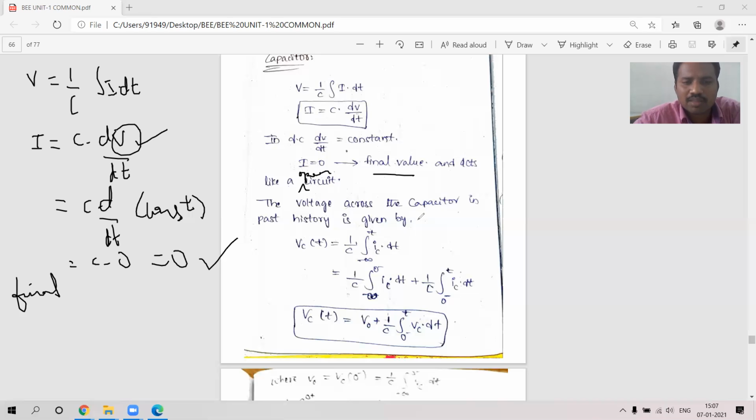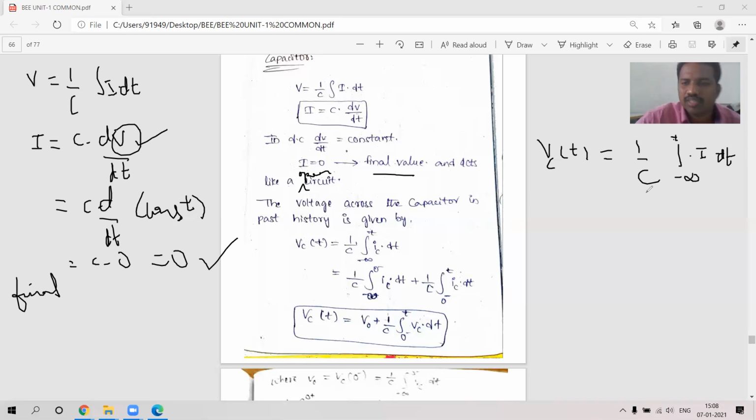Now we will see the past history considered. When you consider the past history, that is Vc of t, the capacitor voltage with respect to time, what is the formula? Vc(t) = 1 by C integral from minus infinity, the past history, to present t of I dt.